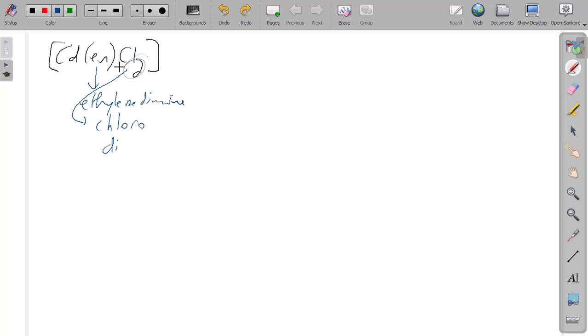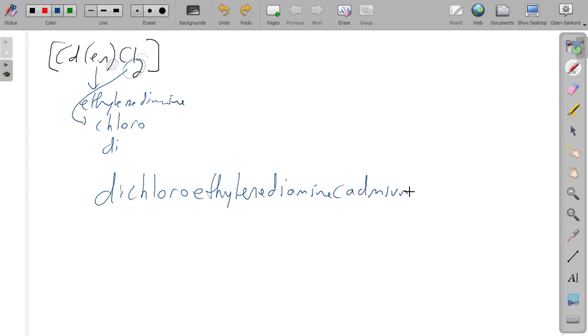Then we do the metal last, ligands first. So this becomes dichloro, and then there's only one of these, so there's no need for any other prefix. So we just say dichloro ethylene diamine, and then the name of the metal, because we've already named these ligands. That metal is cadmium, and we need its oxidation state.